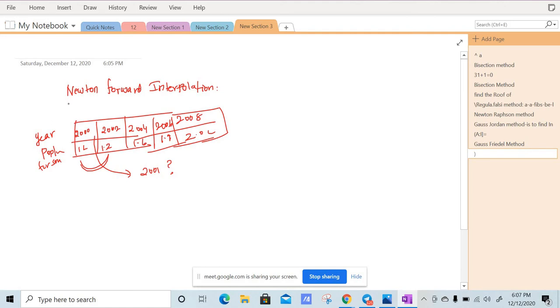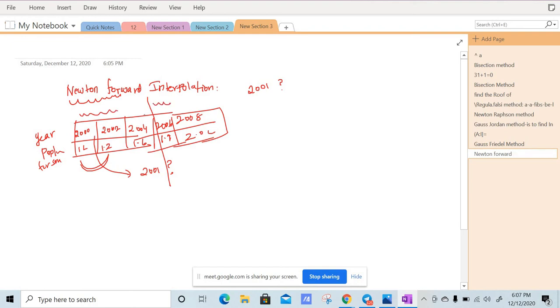In Newton forward interpolation formula, we estimate the values between these years. Suppose they ask us to estimate the population in 2001, and you break this table into 2 halves, a first half and a second half.